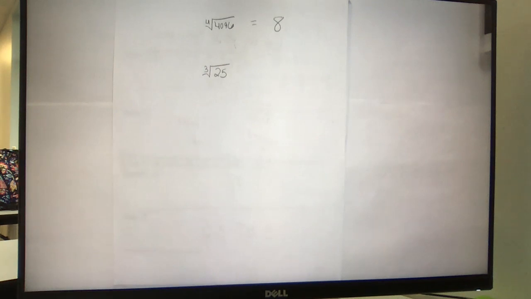So if you get a whole number, fantastic, radical's gone, you're good to go, you move on. If you get a decimal, because this is not perfect, then you can't use your calculator. That's when you'll have to do your factor tree and try to reduce. But does that make sense? Because we also had the conversation in Tuesday, Thursday yesterday about how do you know when to leave the radical and how do you know when to get rid of it?